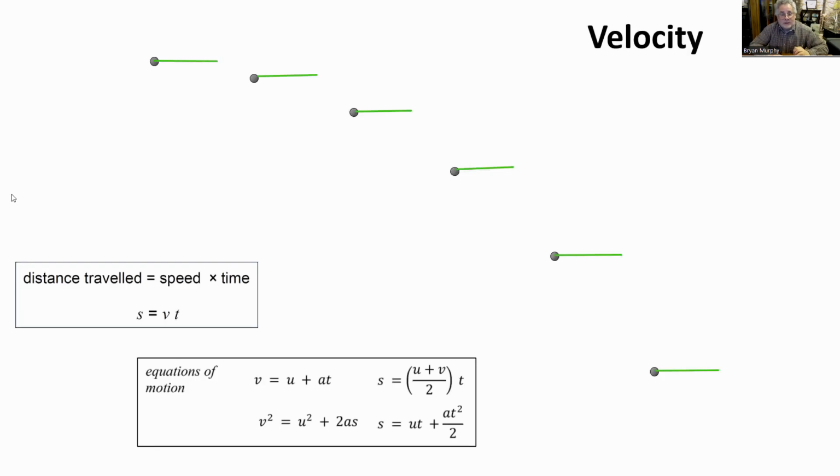The vertical velocity, as we saw, does not. That changes. So how does it change? I need an equation. I'm looking at that box down there. It's not that one. That's a GCSE one. It's not that because it is accelerating. I want to know its velocity after a certain time. I'm going to go for that one. There we go.